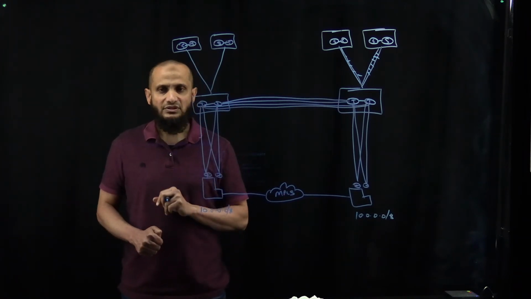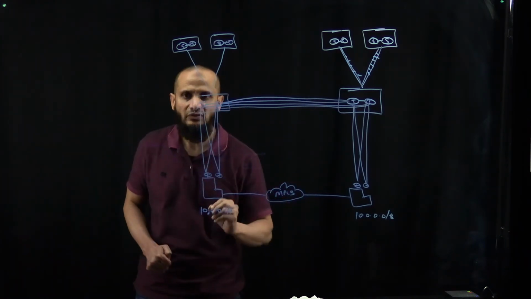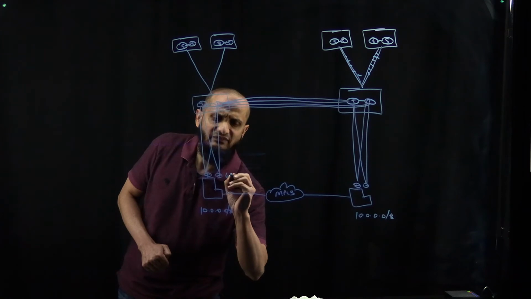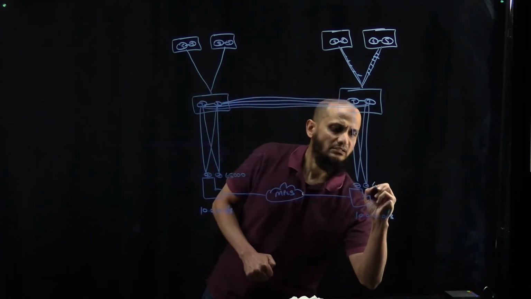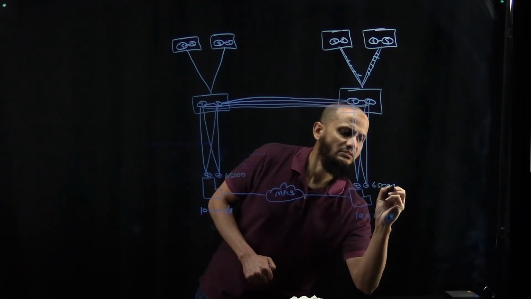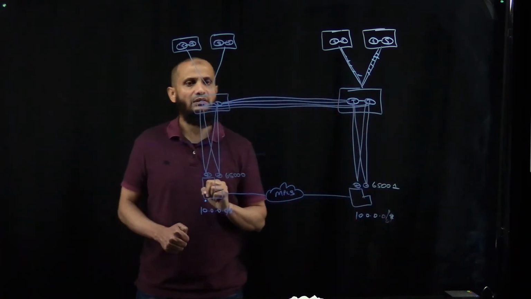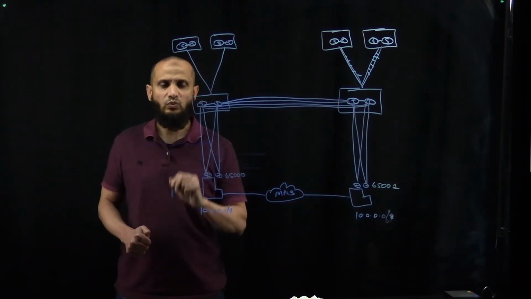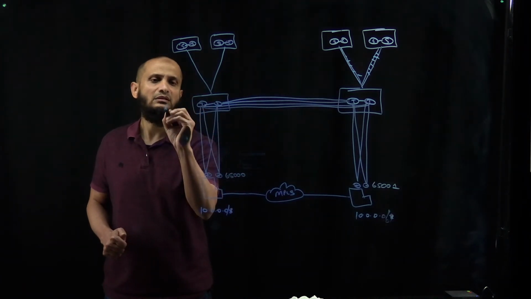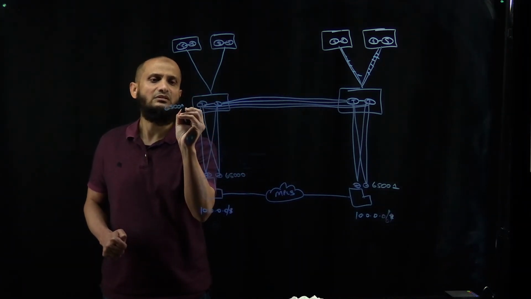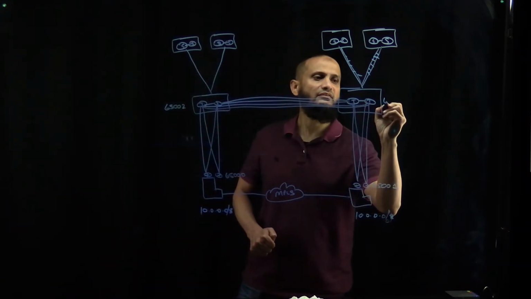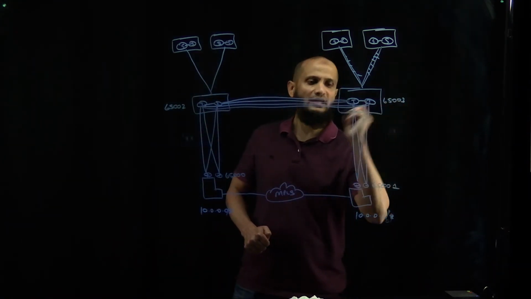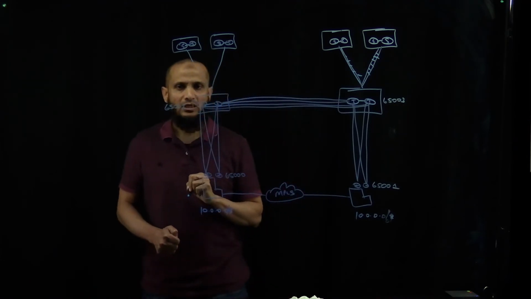These routers could have ASN of 65,000. This guy, 65,001, right? Aviatrix Transit Gateway, let's call it 65,002. These guys have 65,003. Okay.